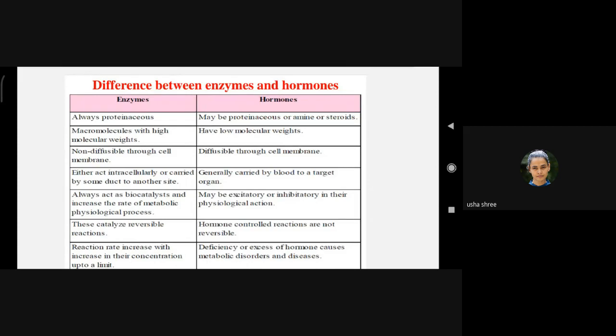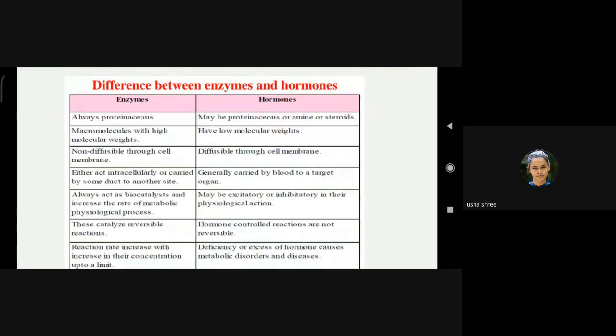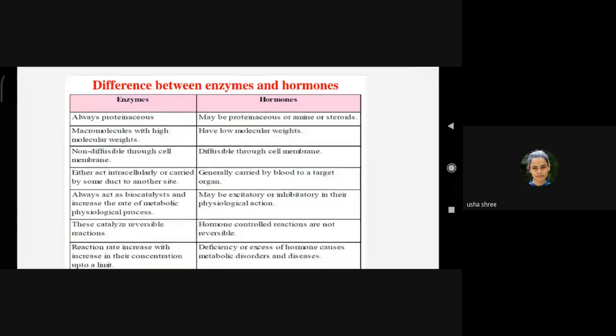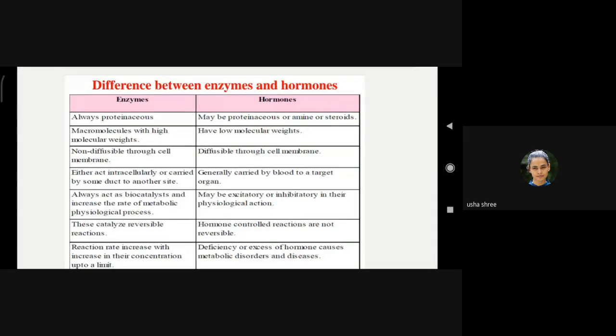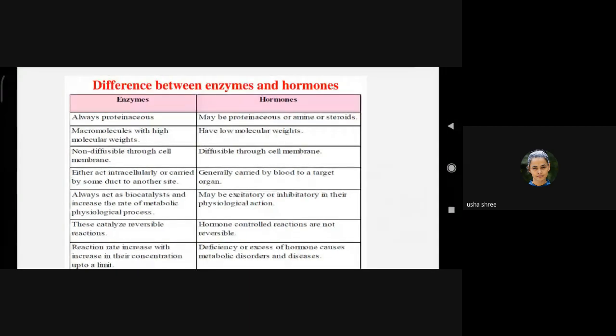But hormones are lightweight and they can diffuse through the cell membrane. Enzymes either act intracellularly or are carried by some duct to another site. But generally, hormones are carried by blood to the target organ. Hormones have a very simple action.